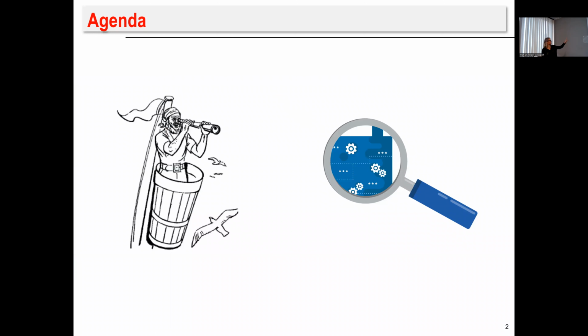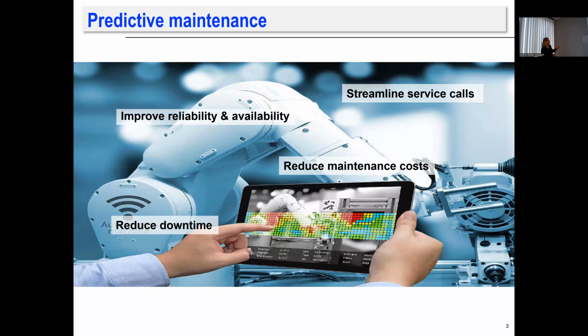I'll do two things. I'll give a more high-level overview of what predictive maintenance is, and also go into some of the details of things that we can do with stochastic model checking. So predictive maintenance is a very innovative maintenance concept where you try to predict failures better, and then you can devise relevant maintenance actions to prevent such failures from happening.